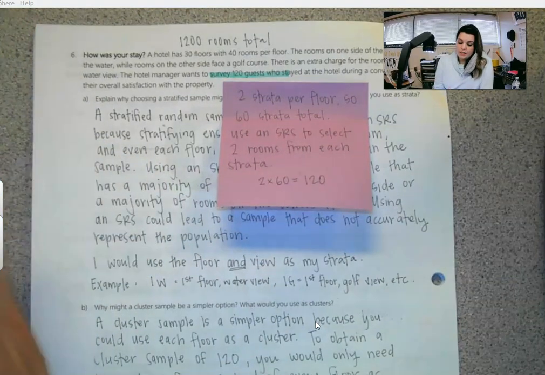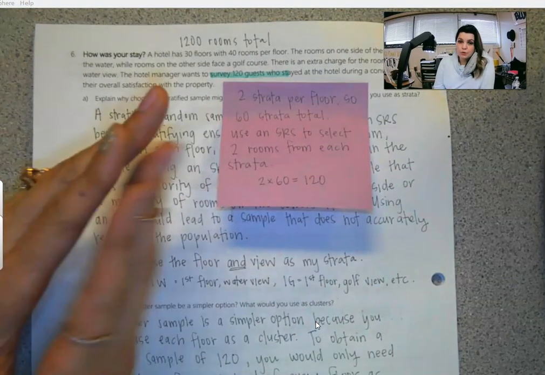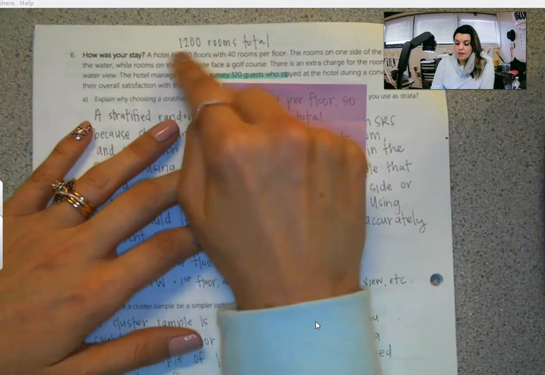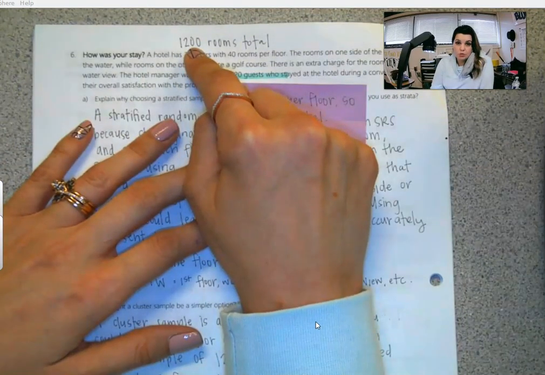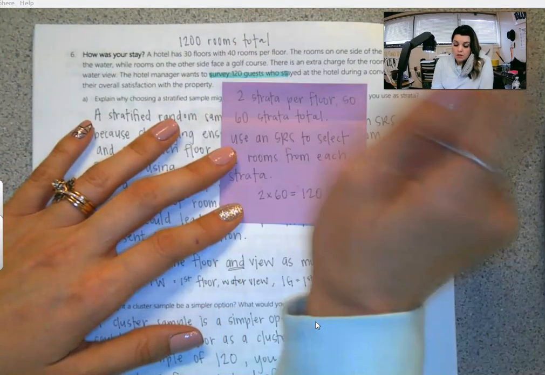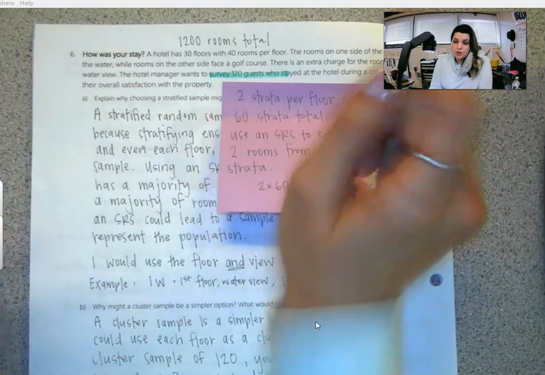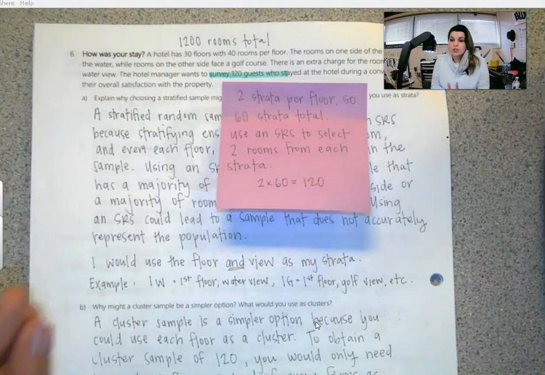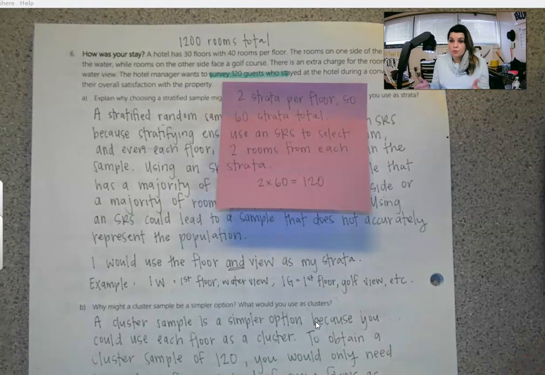So you have a hotel with 30 floors, 40 rooms on each floor, so that means you have a total of 1,200 rooms. Further, this hotel has 2 types of room. You have rooms facing the golf course and rooms facing the water. I think both are probably decent views, but they charge extra for the water, which would indicate that maybe that's the more desired view.